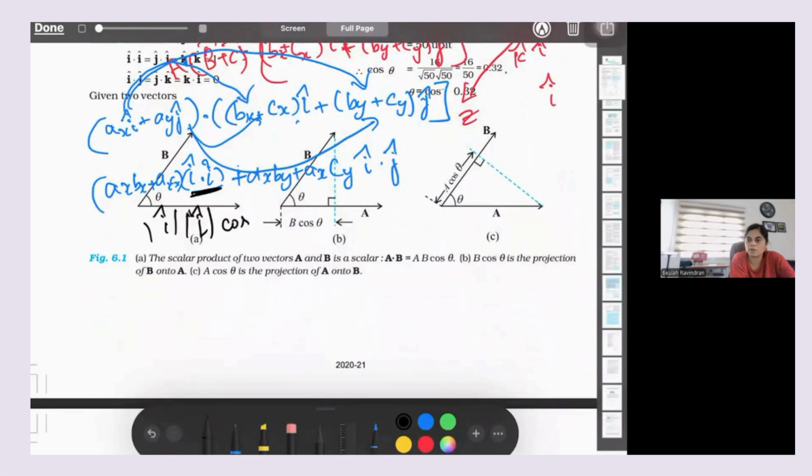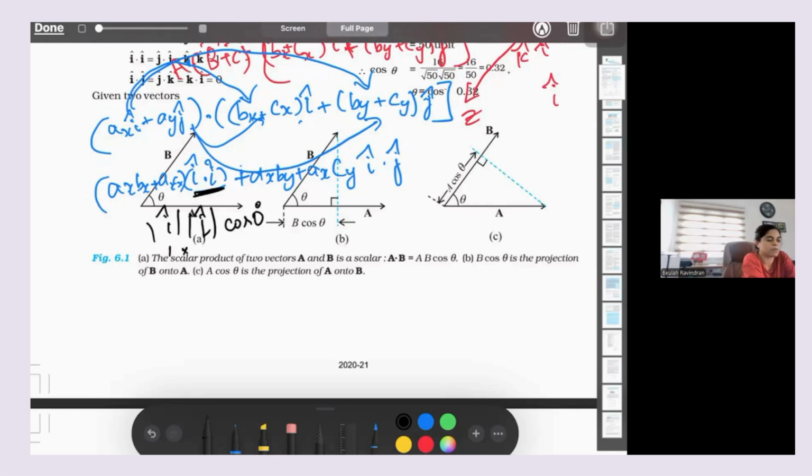Both are i, so there is no angle. So angle will be 0. What is the magnitude of a unit vector? That is 1. What is the magnitude of a unit vector? 1. 1 times 1 times, what is cos 0 degree? 1. So 1 times 1 times 1, the whole value will be 1. So ax bx plus ax cx alone will be there.